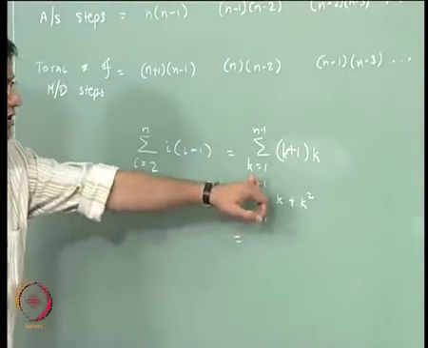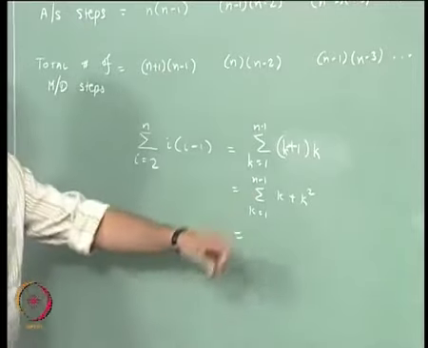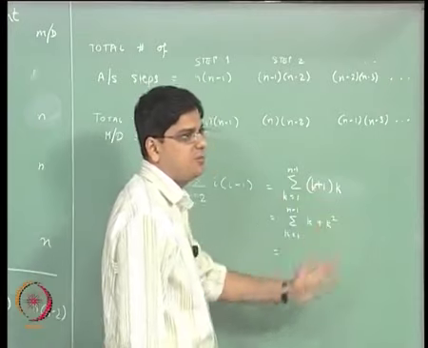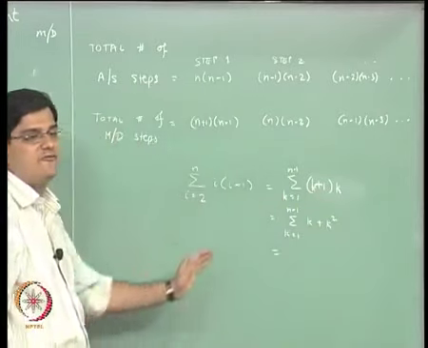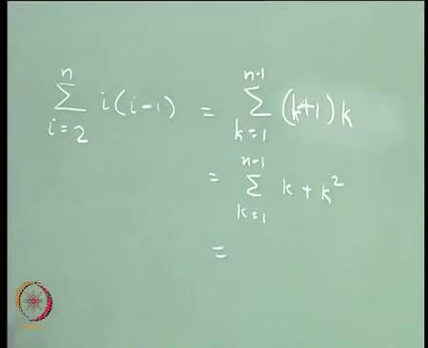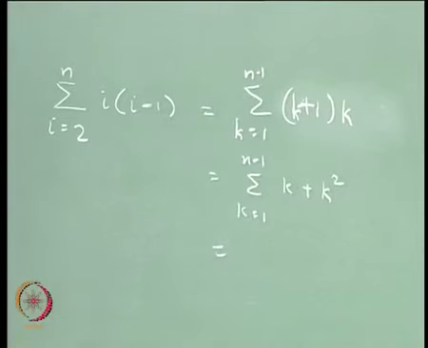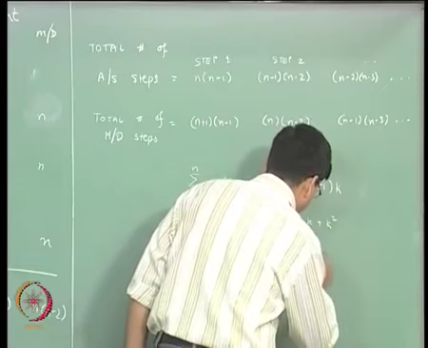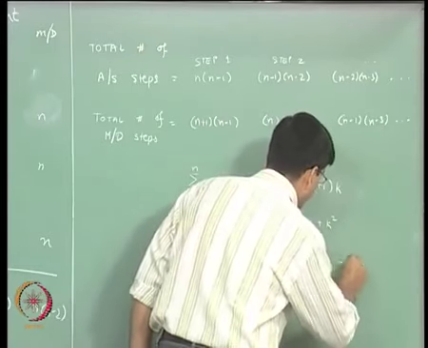The summation of k from 1 to n minus 1 is nothing but 1 plus 2 plus 3 up to n minus 1. If we have up to n, the result is n multiplied by n plus 1 divided by 2. If we have up to n minus 1, it is going to be half of n minus 1 multiplied by n.